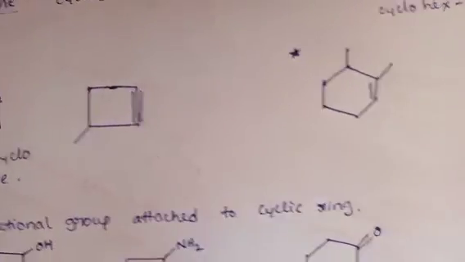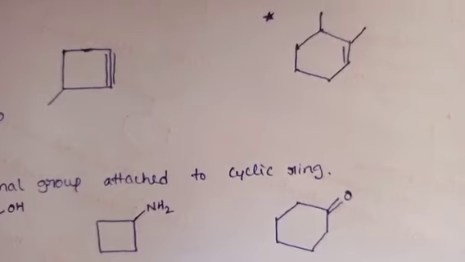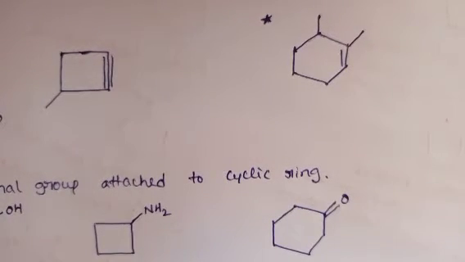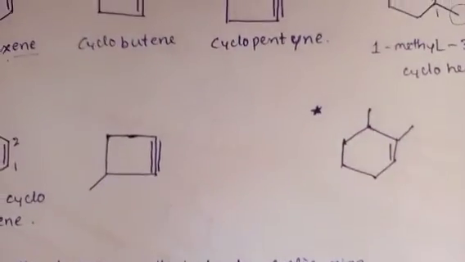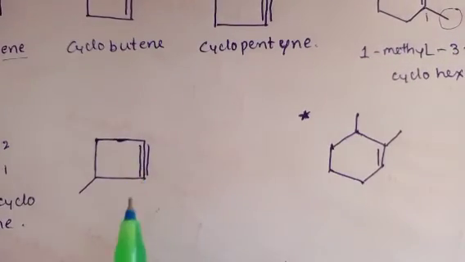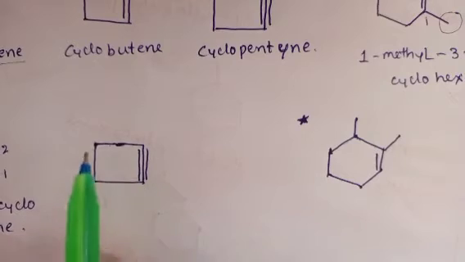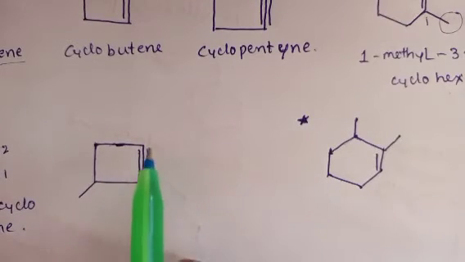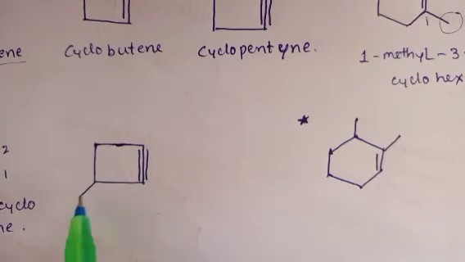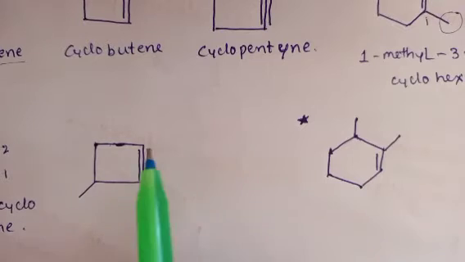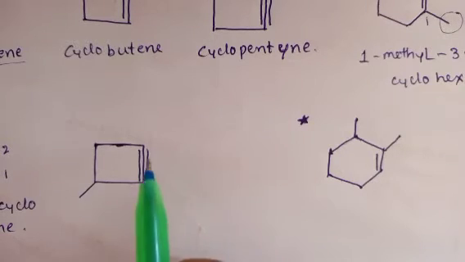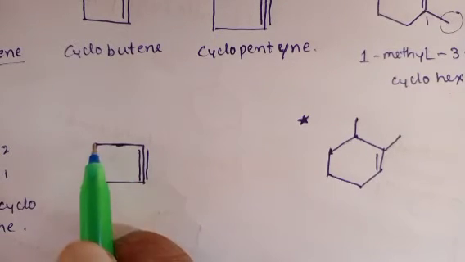See this example. Here also, this is a cyclic compound, and one triple bond is present, and also one substitution is present. Based on this triple bond, give the numbering. So how many possibilities are there for numbering? 2 possibilities. 1, 2, 3, 4.